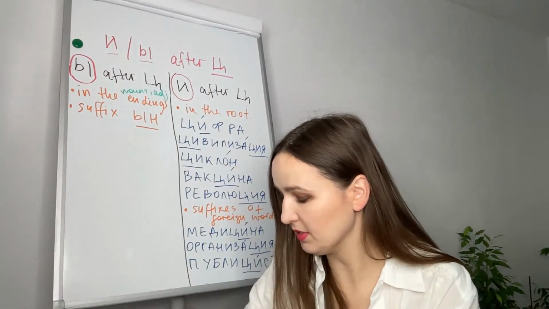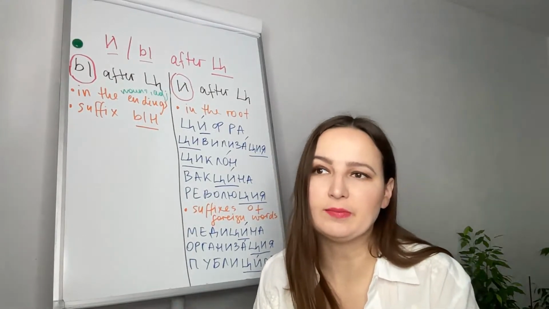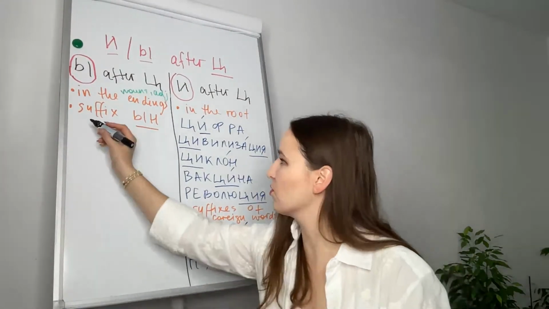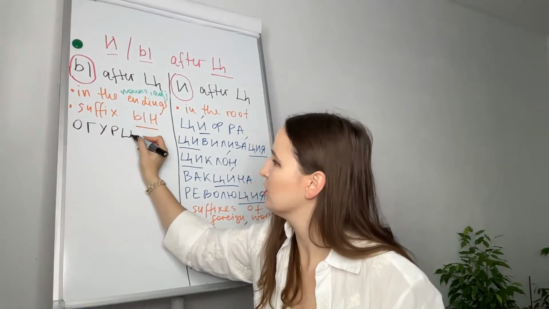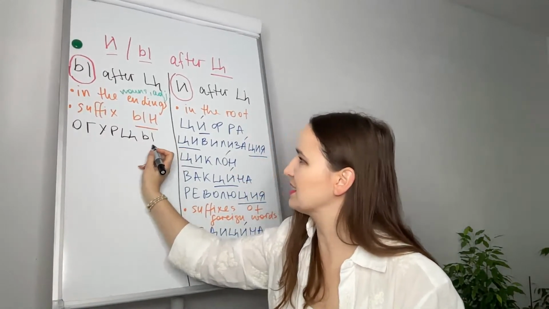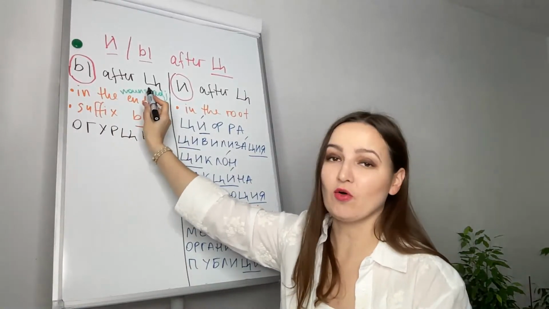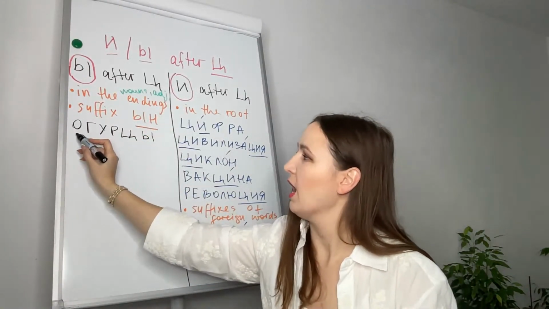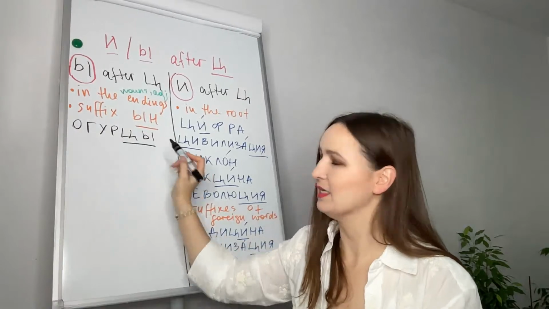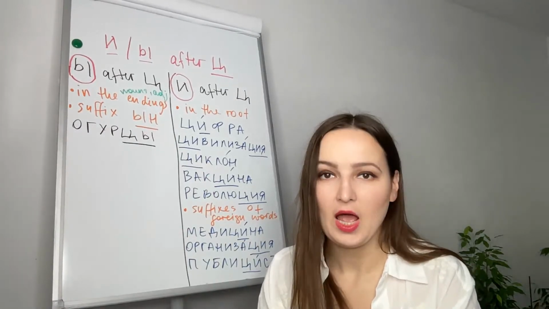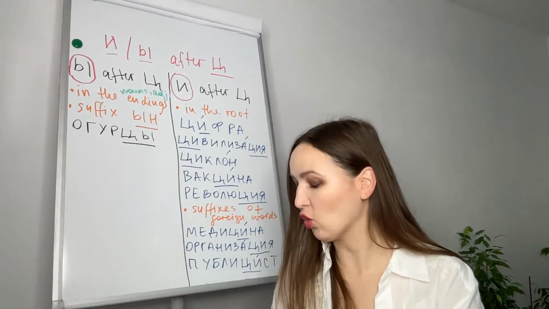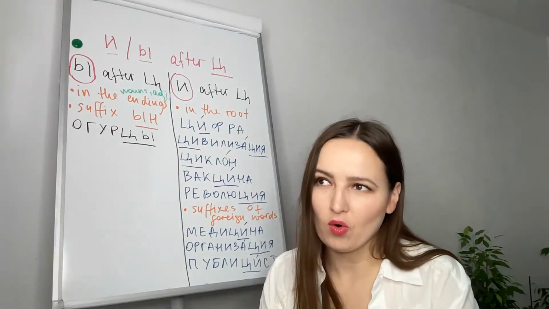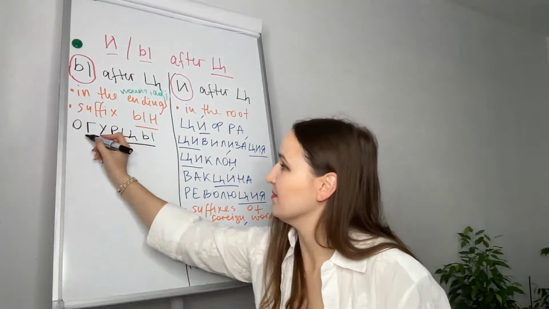Let's write an example down. Например, огурцы, cucumbers. In the endings of nouns and adjectives. Огурцы, cucumbers.